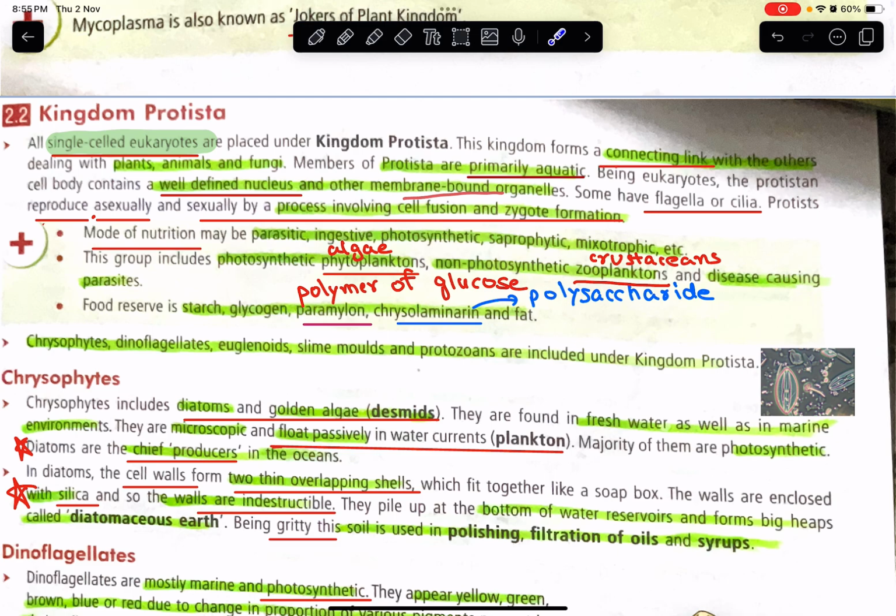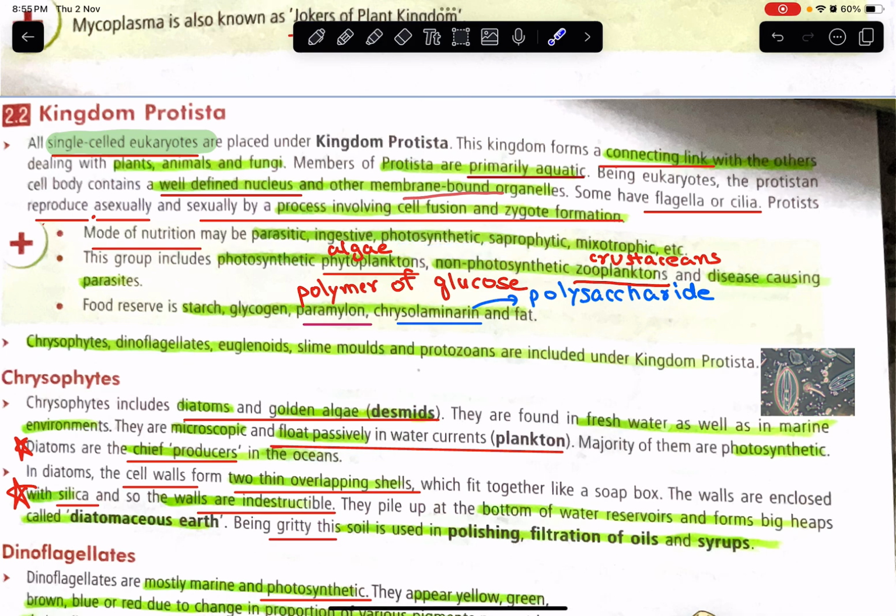So what is the mode of nutrition in case of Protista? They can be parasitic, that means they can survive in the living tissue of other organisms and cause diseases. Ingestive means they can ingest food particles like amoeba.